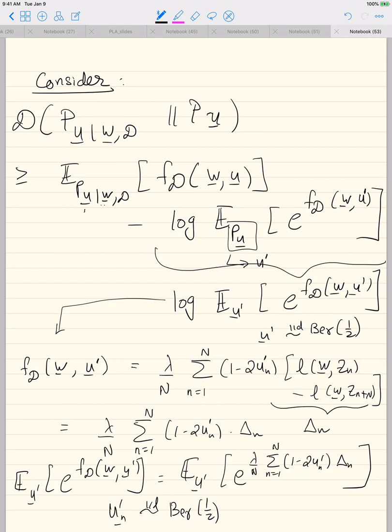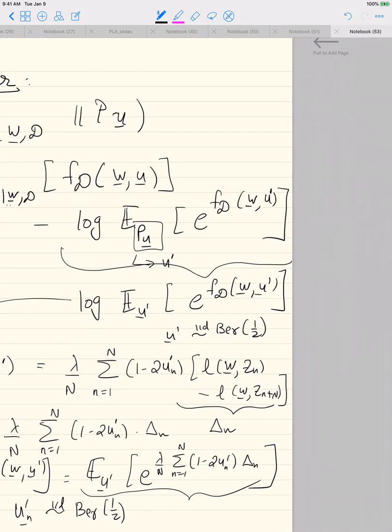The second term in the Donsker-Varadhan lemma allows us to use the independent distribution. This quantity can be easily simplified, because it's e to the summation of exponents.